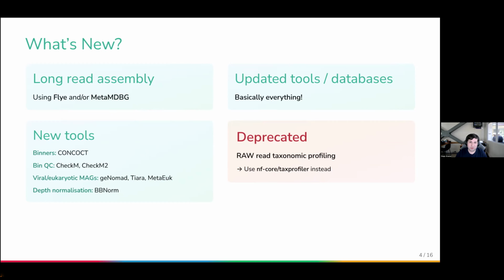And this could often be useful to determine if there is contamination in your sample. But it was a half-baked solution, and we decided to remove it and instead tell the users to use NF Core Taxprofiler, which does the same and better.